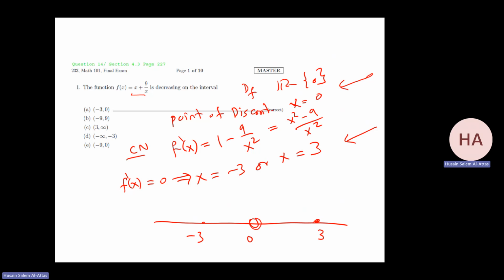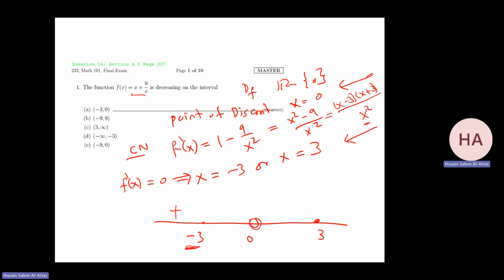I can rewrite the function to make it easy for me to decide. Take a value minus 4. It will be negative, negative. x squared is always positive, so that will be positive.